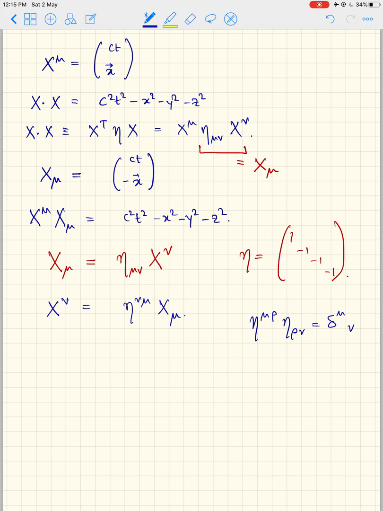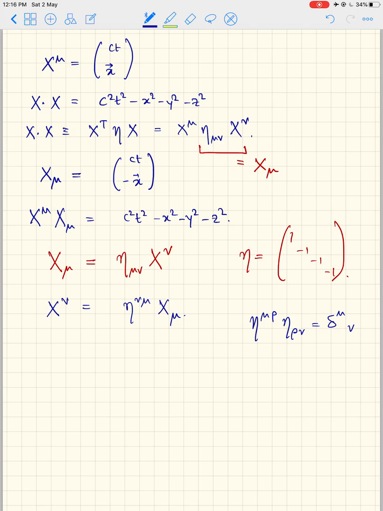If this is a little unclear, what I want you to take away is that there are two sorts of vectors, one with indices upstairs and one with indices downstairs. The thing that distinguishes these two is the spatial part: the 3 vector associated with the 4 vector will change sign.